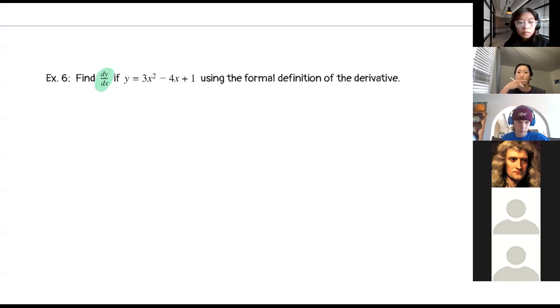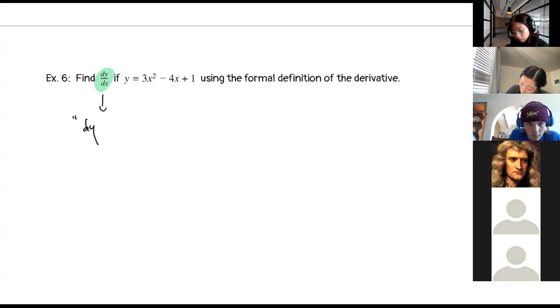Okay. We are in this next section going to be learning a lot of new symbols. And sometimes with these new symbols, it's really important that we understand what it's asking. So when we see this dy over dx, the way we say this is dy dx. We don't usually say dy over dx.